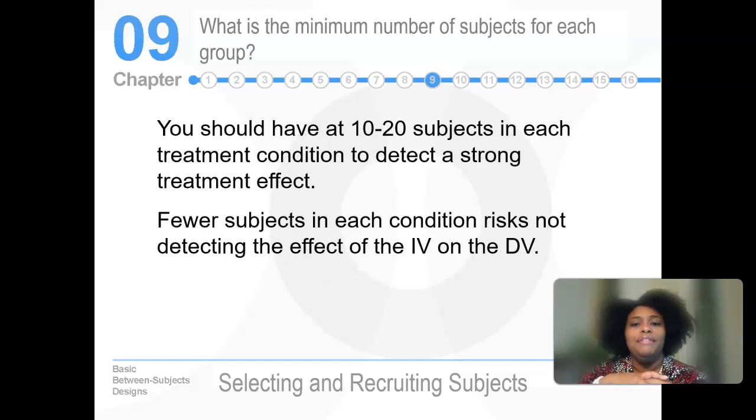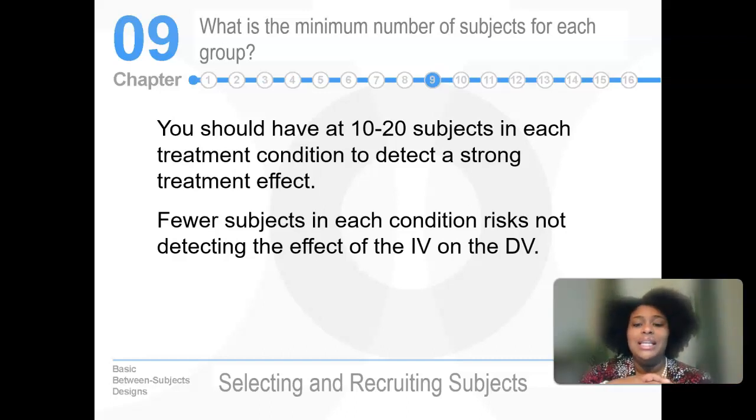In order to effectively do this, you should have at least 10 to 20 subjects in each treatment condition that you are implementing to detect a strong treatment effect. When we talk about treatment conditions, again, we're talking about, say, the experimental group versus the control group, the group that gets the actual experiment versus the group that gets the placebo.